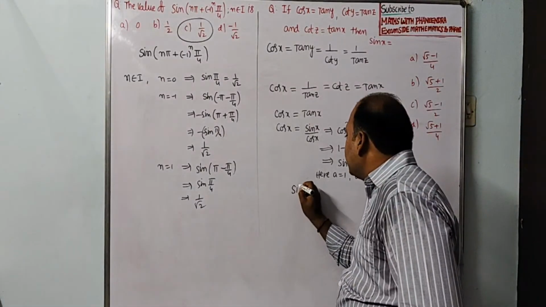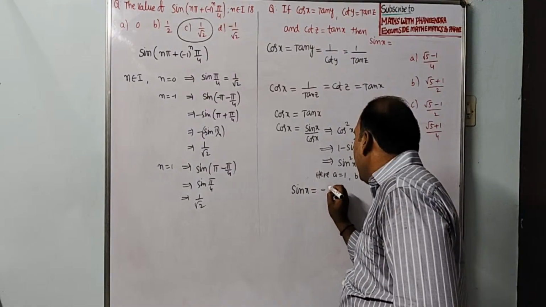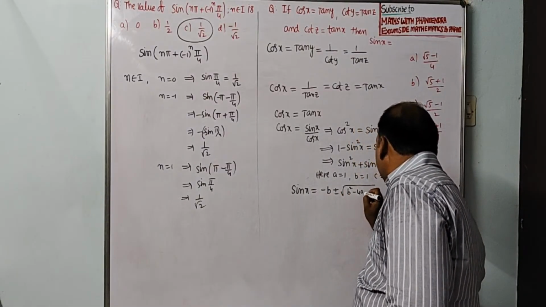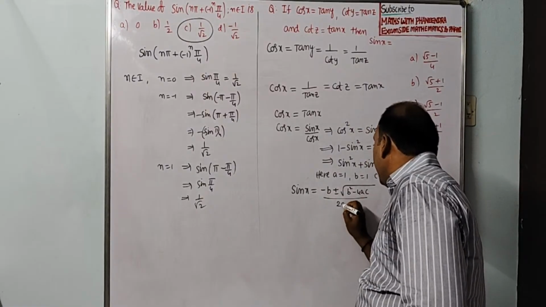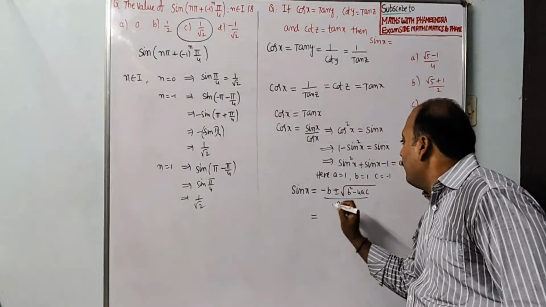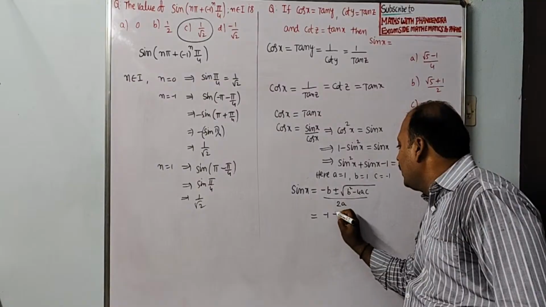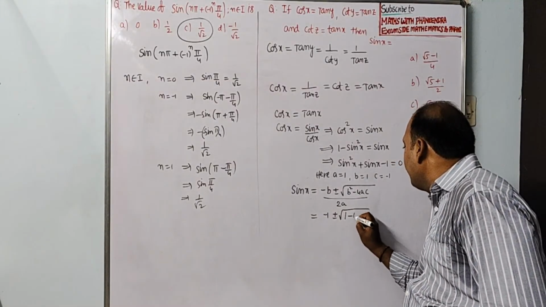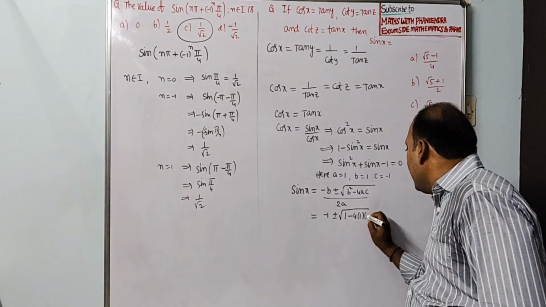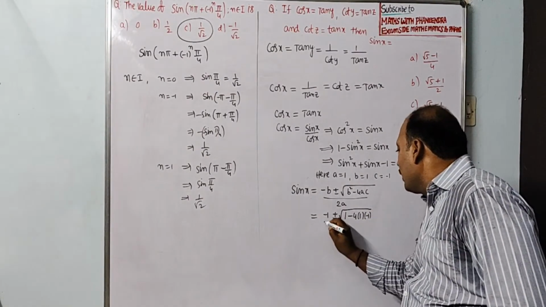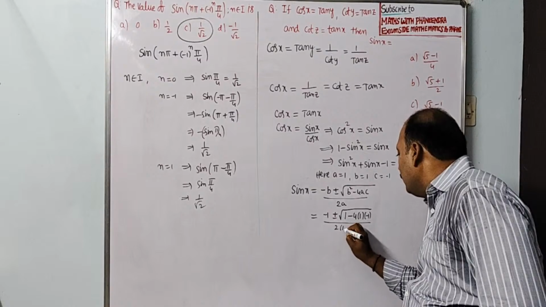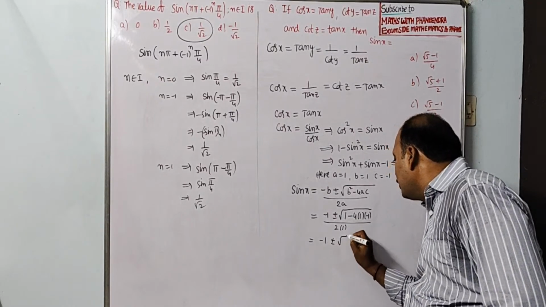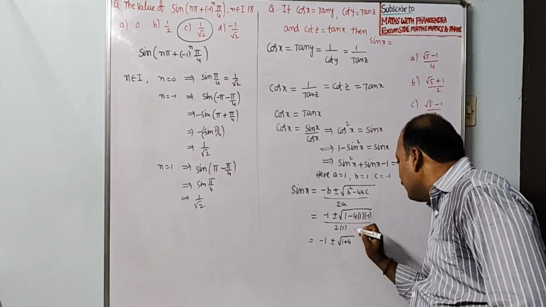So sin x is equal to minus b plus or minus root over b square minus 4ac divided by 2a. Minus b means minus 1 plus or minus root of b square 1 minus 4 into 1 into minus 1, by 2a, 2 into 1. Minus 1 plus or minus root 1 plus 4 will come now, minus into minus.